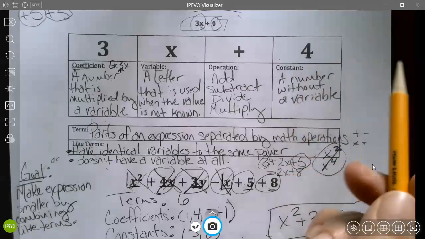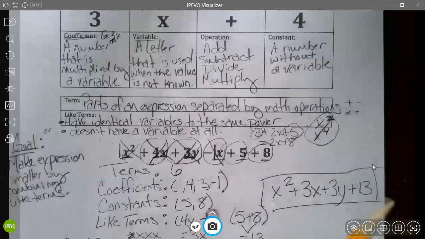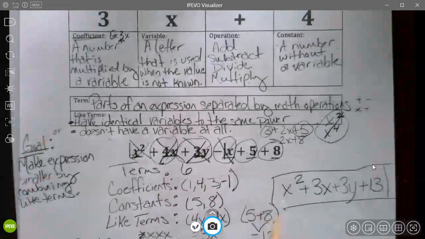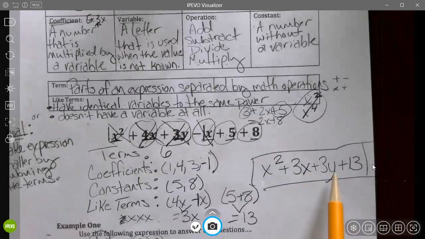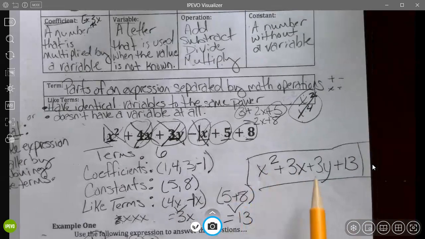And you've been adding constants since kindergarten. Our whole goal in simplifying or combining our like terms is to simplify the expressions. So when you do have to find the value of these variables, you have fewer terms to try to figure that out with.